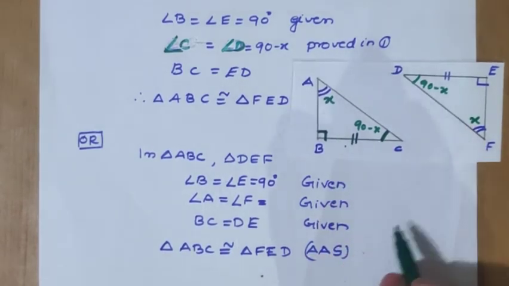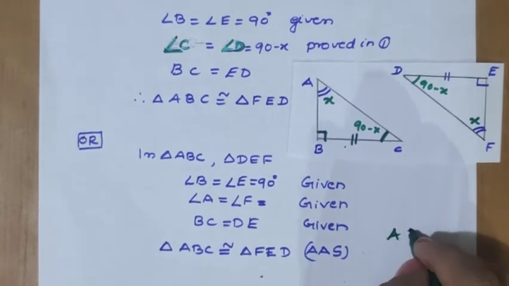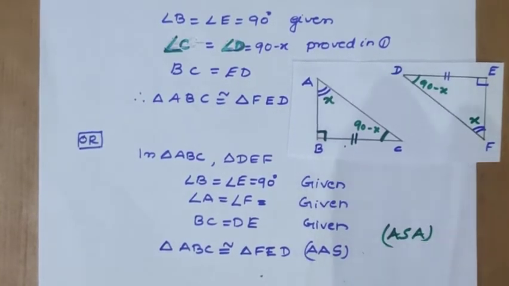BC equals DE, given. This time the criterion is AAS, where the side is not included, so triangle ABC is congruent to triangle FED by AAS. AAS can be converted into ASA also, as in the first method.